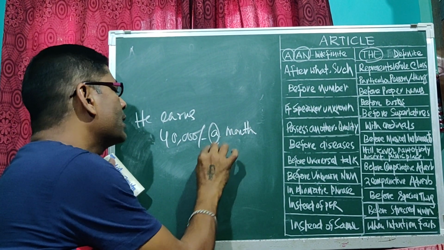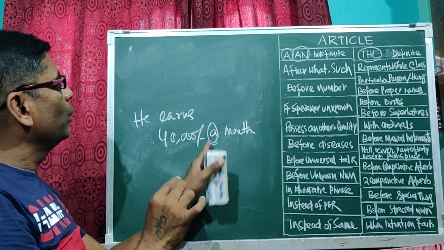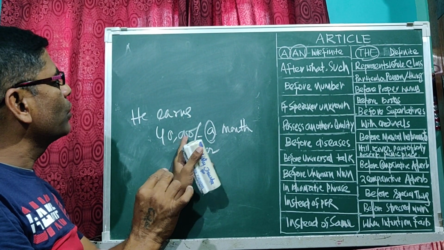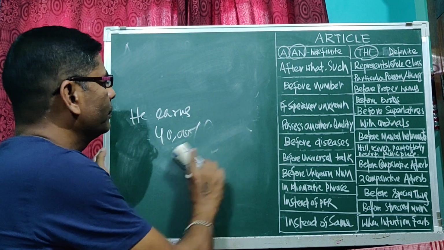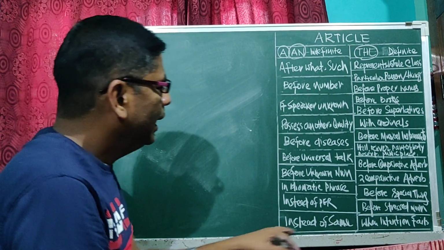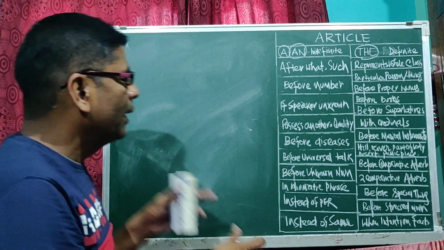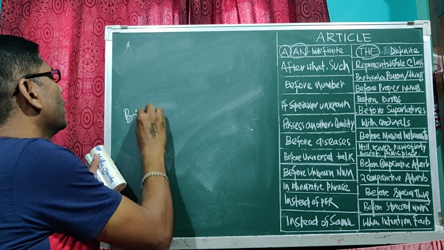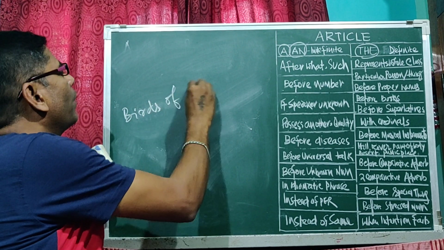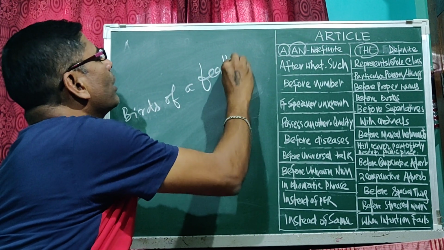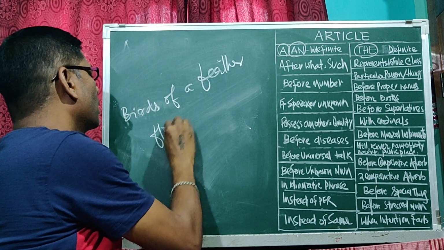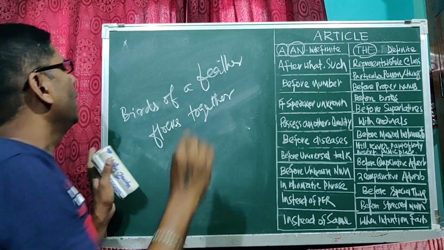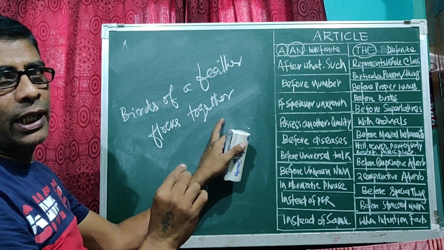Here, instead of the word per, we can use A. Instead of same: birds of a feather flock together.